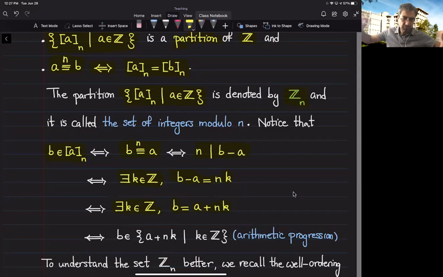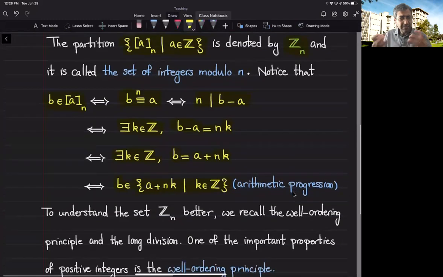I go to both sides: I add n or subtract n, starting from A. So mod n residue classes are nothing but arithmetic progressions with increment n. So these are all the mod n residue classes.